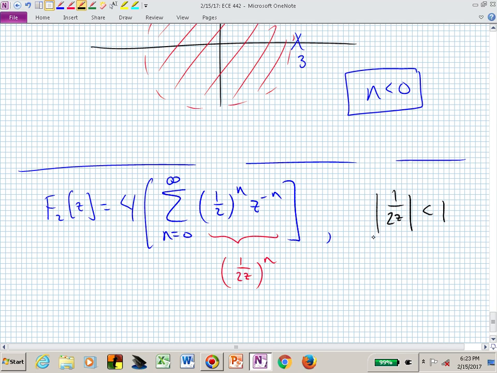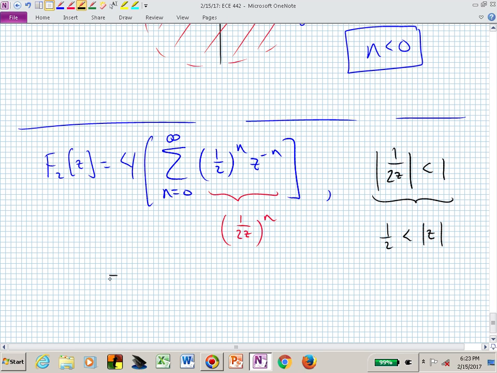And this now gives me a region of convergence. If I multiply through by the absolute value of z, I now have z bigger than 1/2. It's now beyond that pole at 1/2. And what is this going to end up being in terms of an expression? We won't go through the steps.